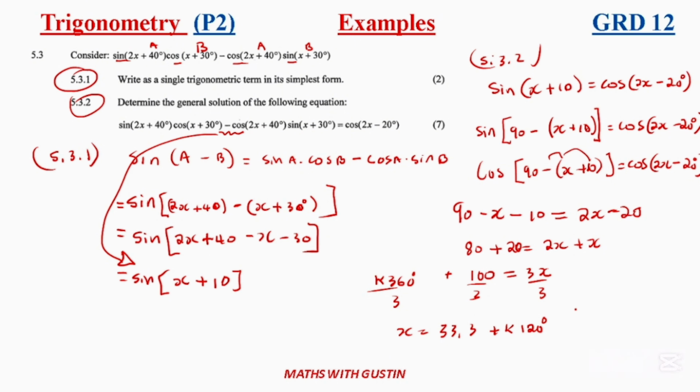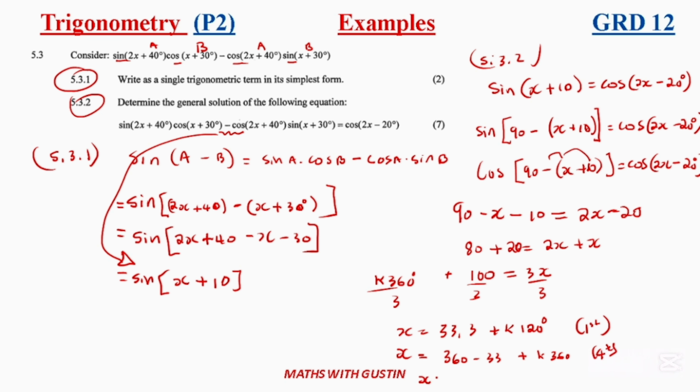Let me just put it here together, guys, because I know what you guys are going to say in the comment section. We know that there is going to be 360 minus 33 plus k 360. So this is on the 4th quadrant.